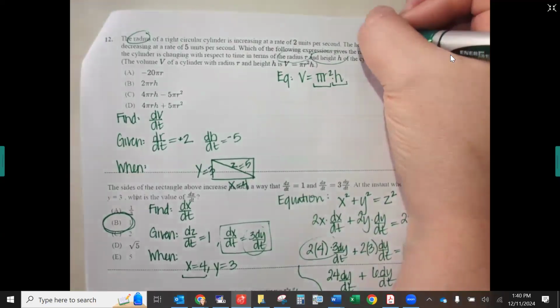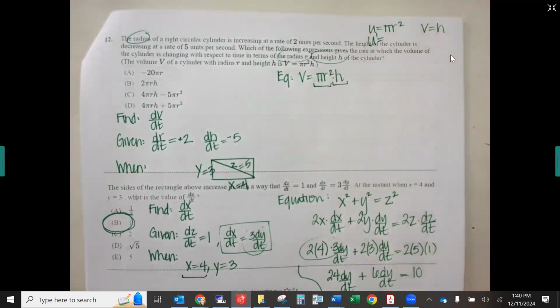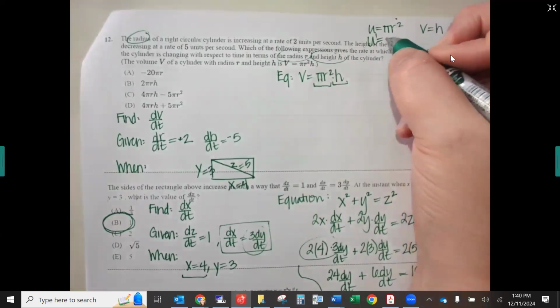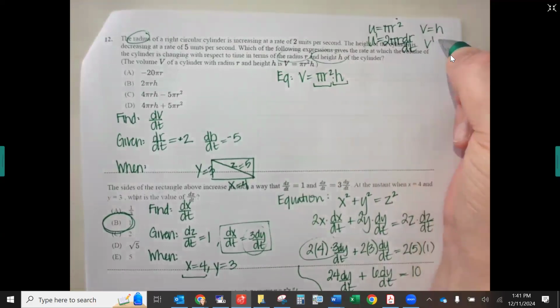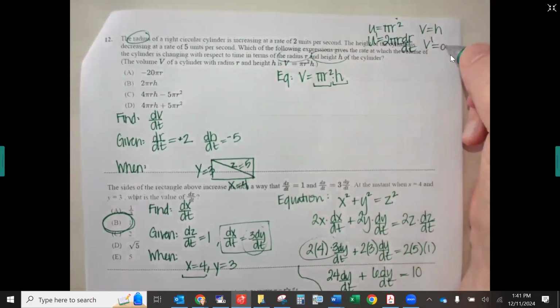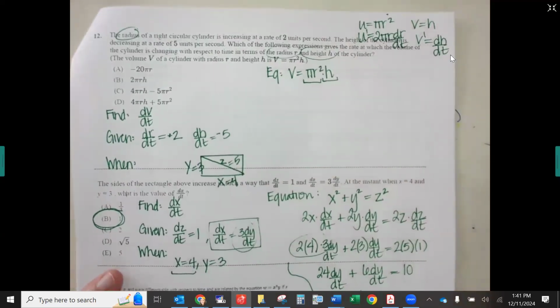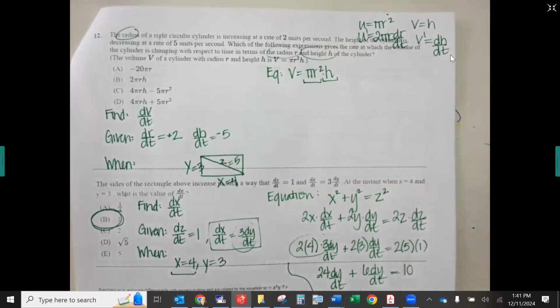For my pi r squared, what's the derivative of that? 2 pi r dr/dt. And then for my v prime, the derivative of h would just be dh/dt. Obviously, if you want to include the 1, that's fine, but you don't have to. Okay, from there, it's crisscross. You're adding in the middle for product rule.